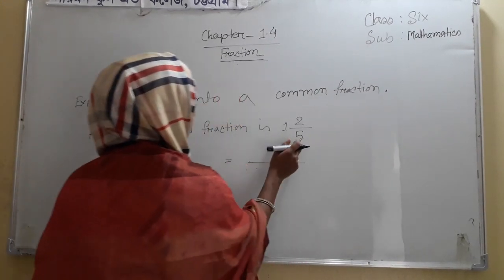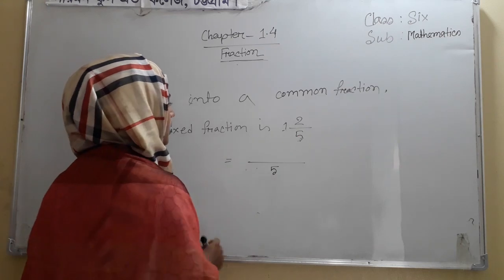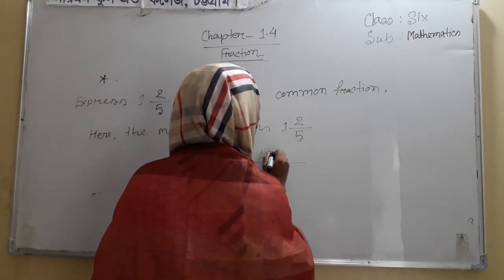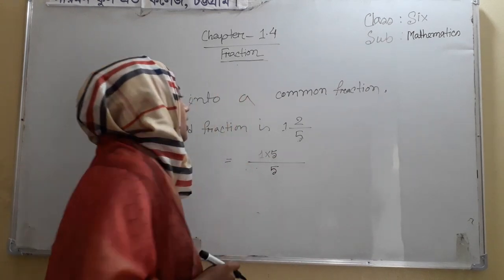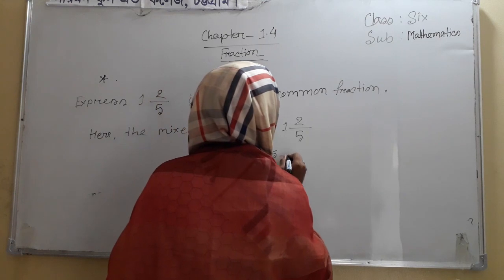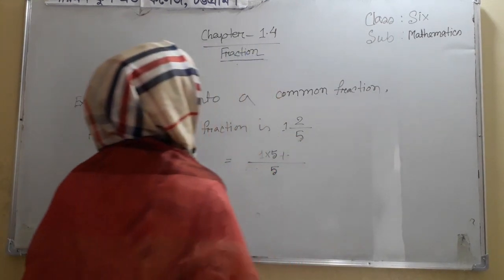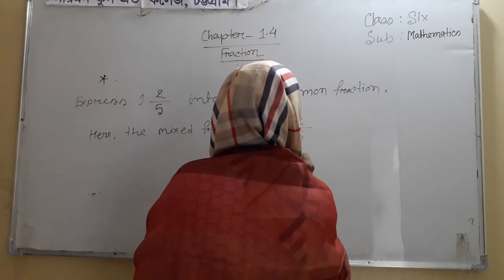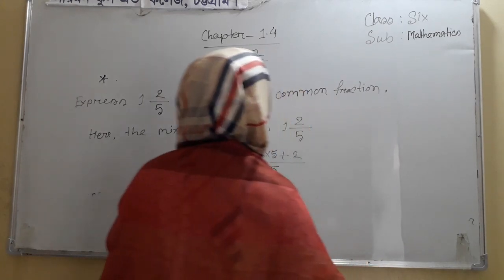If we multiply 1 and 5, we have 5 ones are 5. And this product we have to add with numerator. That means plus 2.